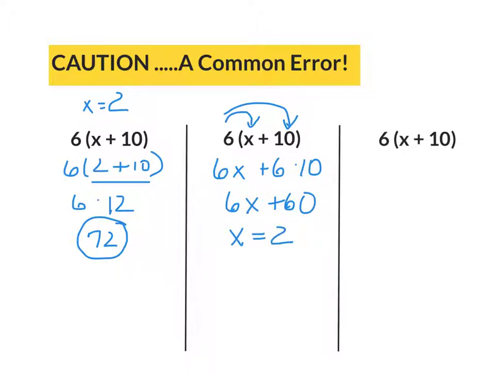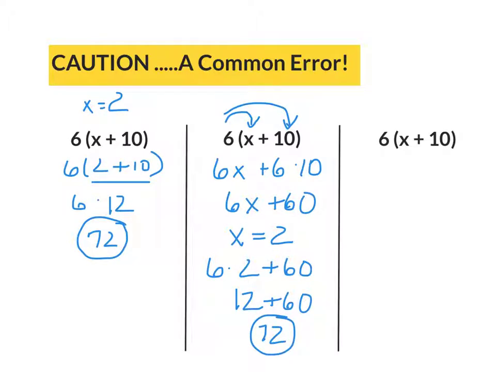I replace x with the number 2, and I get 6 times 2 plus 60, and 6 times 2 is 12, and 12 plus 60 is 72. Again, it's the same answer as I got in the first example, done a different way, using the distributive property in the second example.